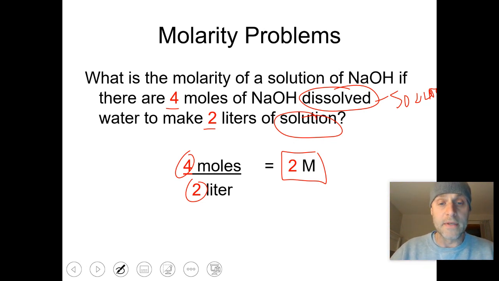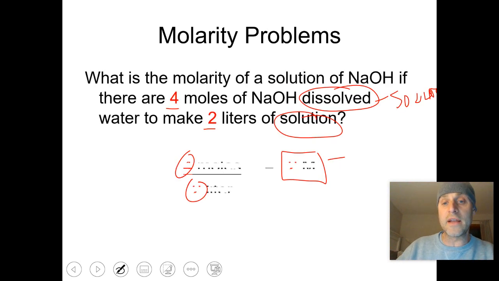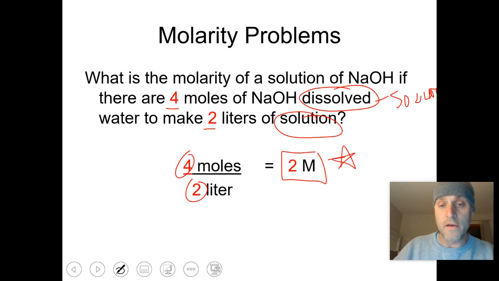Done. That tells me the strength. That tells me the concentration. By the way, 2 molar is less strong, less concentrated, or more diluted than 4 molar. 4 molar is stronger, more concentrated than 2 molar.